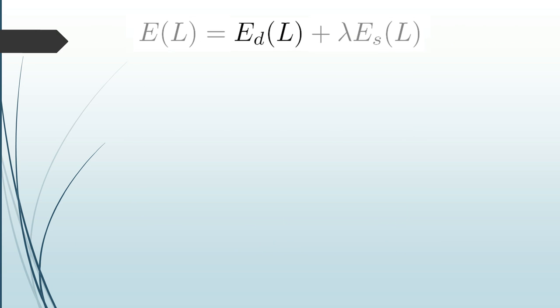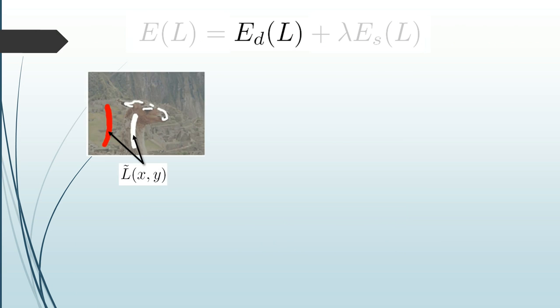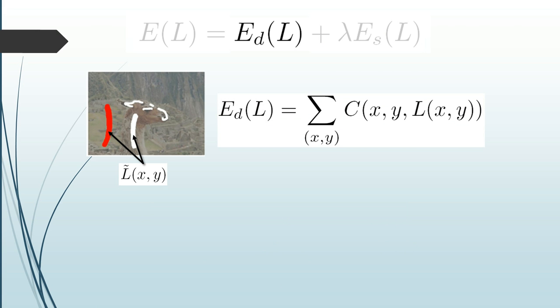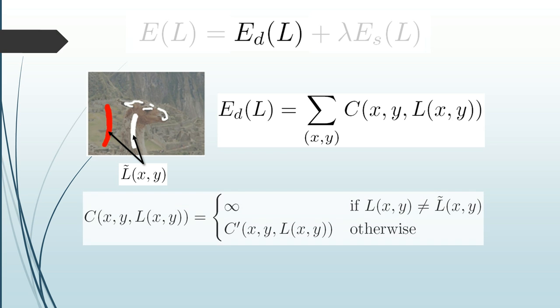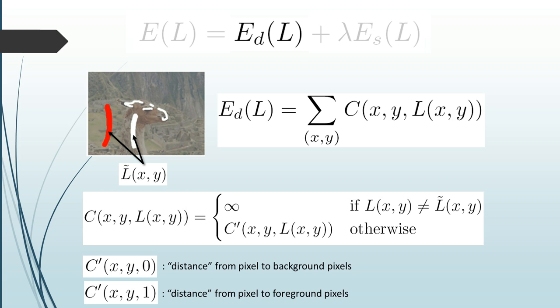So for example, let's talk about the match cost. In this case, we already provided some labels, and each pixel has a particular label. It consists basically of the sum of the distances from the particular pixel to the label. So we have the distance from each pixel to the background or to the foreground, depending on whether it's either 0 or 1.